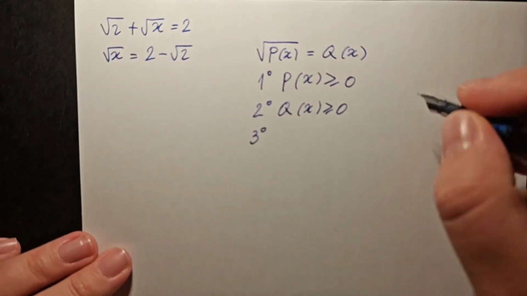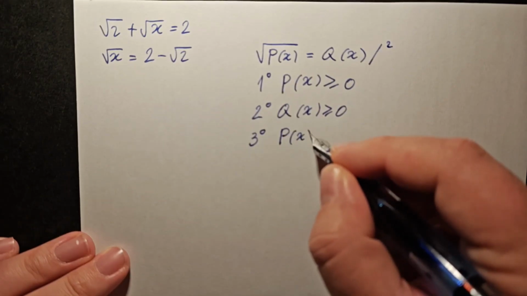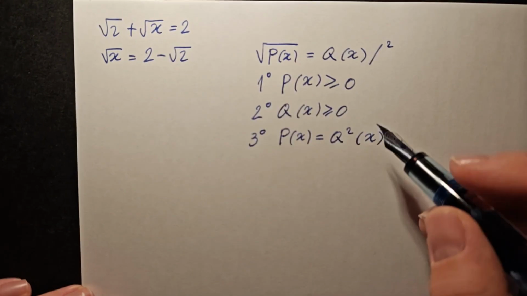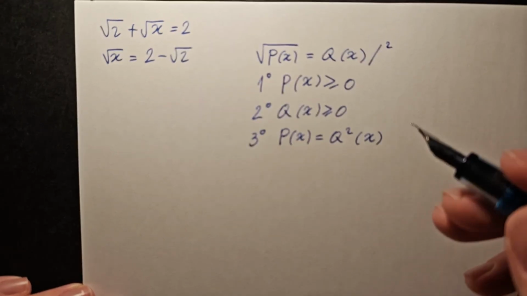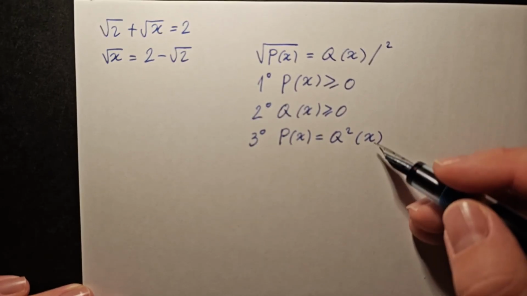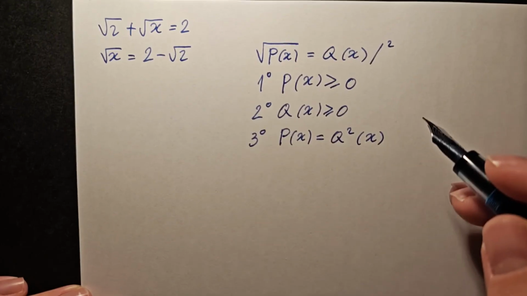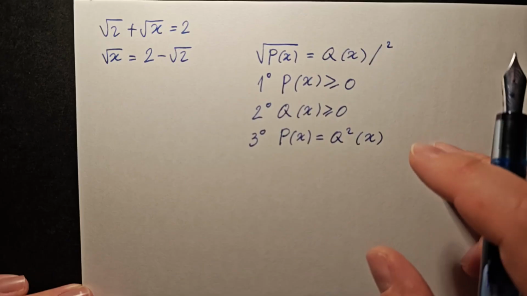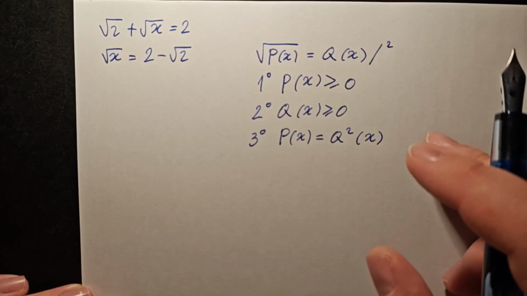And third, we get by squaring this equation, and that is p of x is equal to q squared of x. Once we find the sets of numbers for each demand, that set is the intersection of these three sets, and it is going to be the solution of the problem. Note that the intersection can be an empty set, and then the equation does not have any solutions.